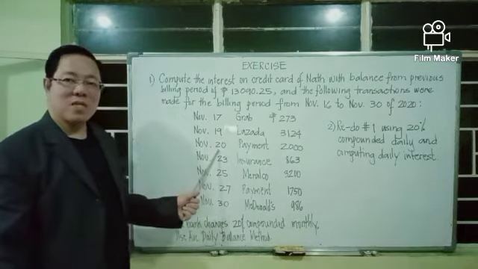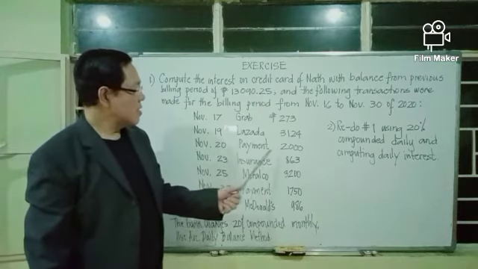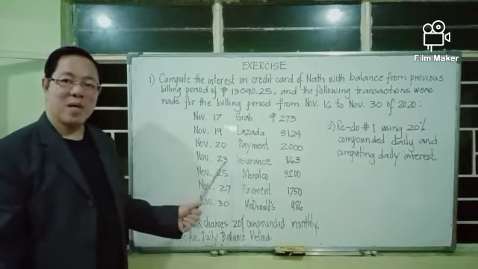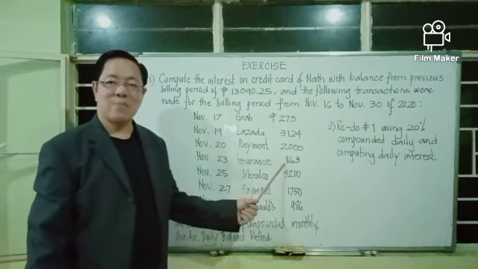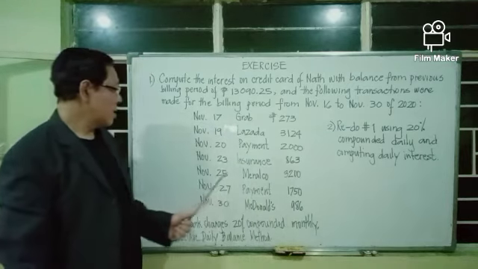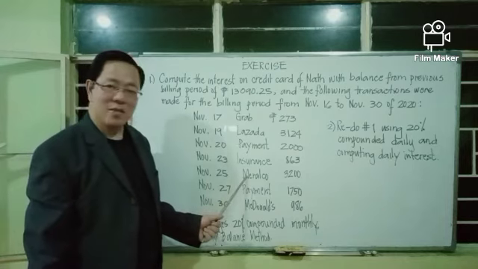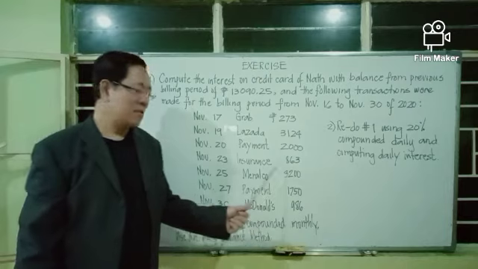On November 20, she made a payment to the bank to reduce her balance on her credit card the amount of 2,000 pesos. On November 23, she paid her insurance worth 863 pesos using her credit card. On November 25, she paid her Meralco bill, electric bill worth 3,200 pesos, and she used her credit card.